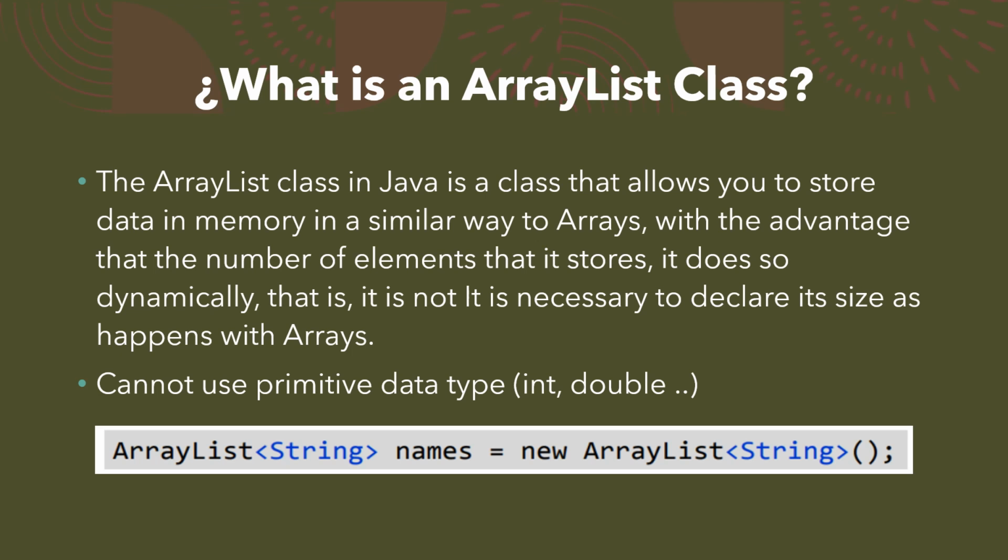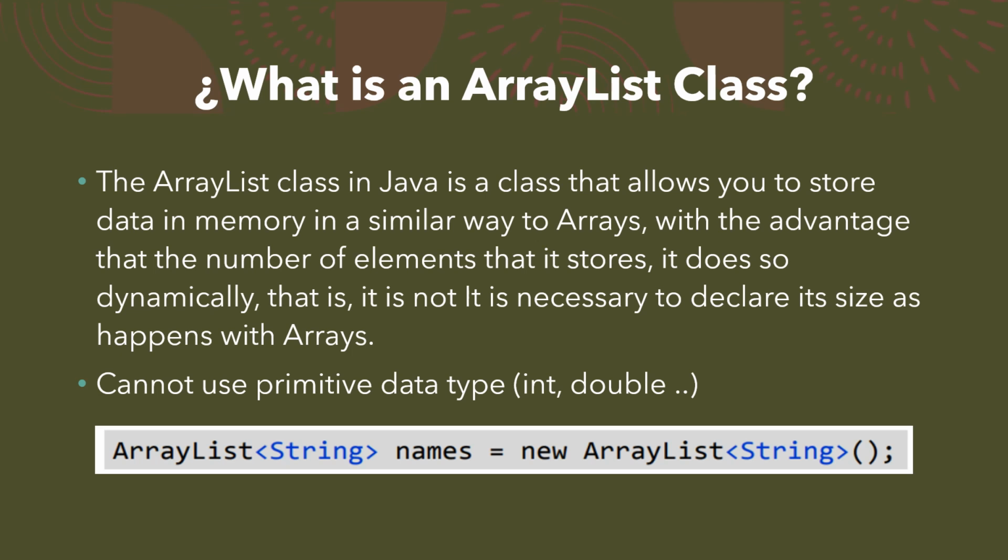The ArrayList class in Java is a class that allows you to store data in memory in a similar way to an array, with the advantage that the number of elements stored is dynamic.